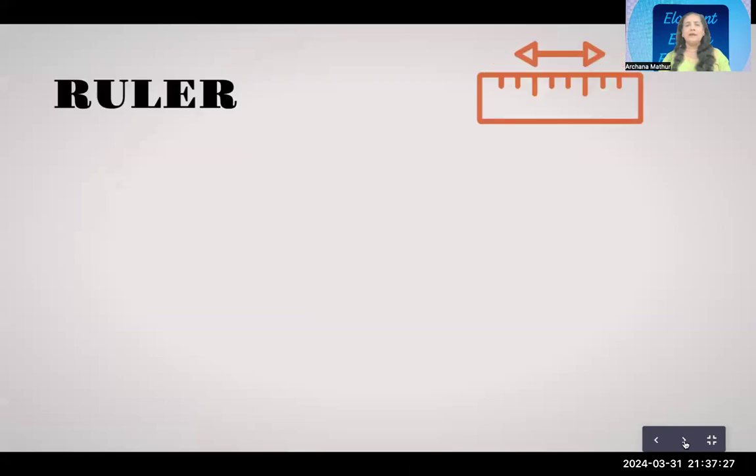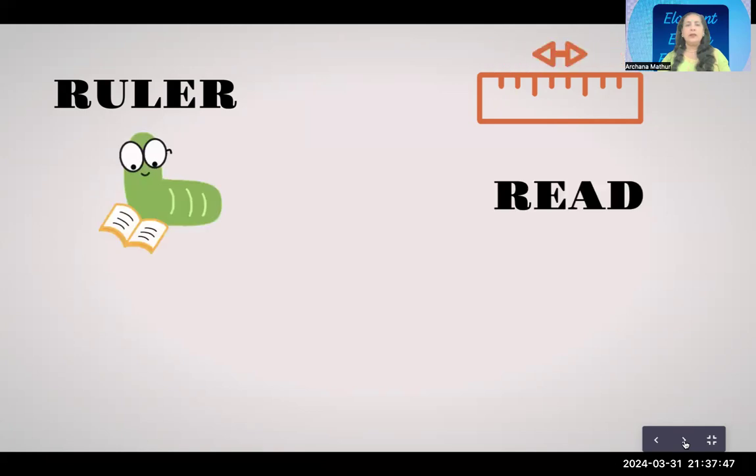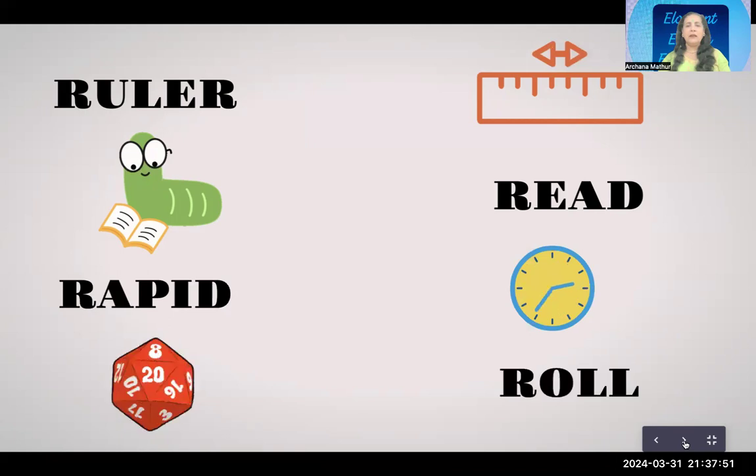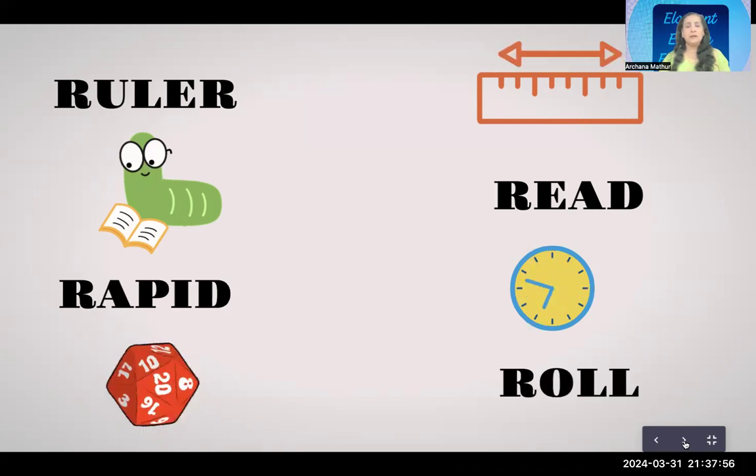Here we have the first word, which starts with R, which is ruler. Now, this particular word or any other word that begins with the letter R, the R is very prominently heard. So here we have ruler, then read, then rapid, and also roll.